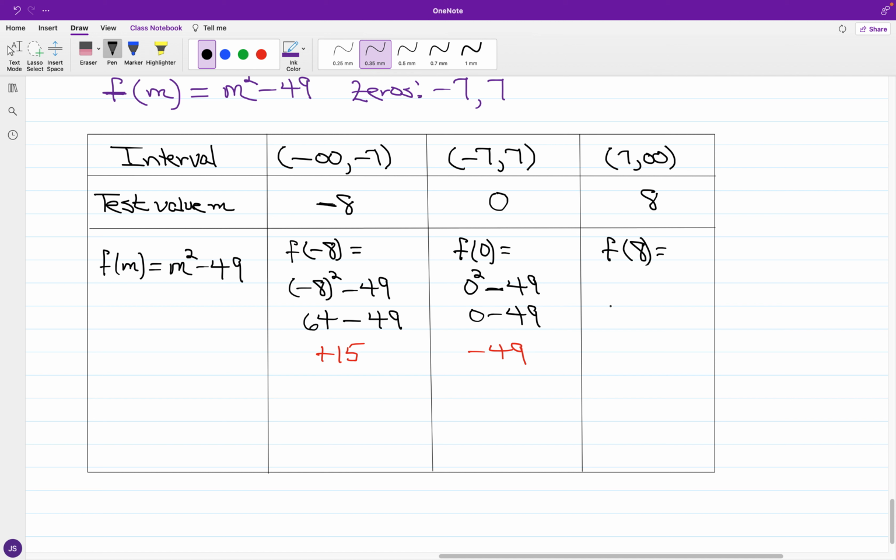And for f of 8, a little bit of history to repeat. The square of 8 and the square of negative 8 are the same, where we have 64, and once again, 64 minus 49. This comes out to a positive 15.